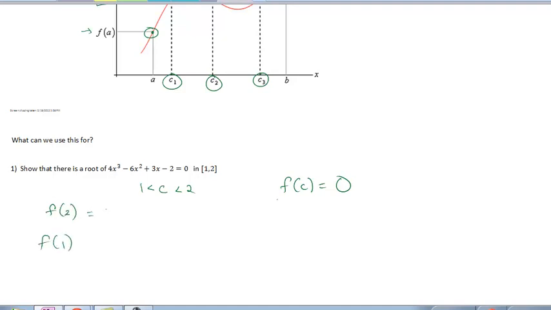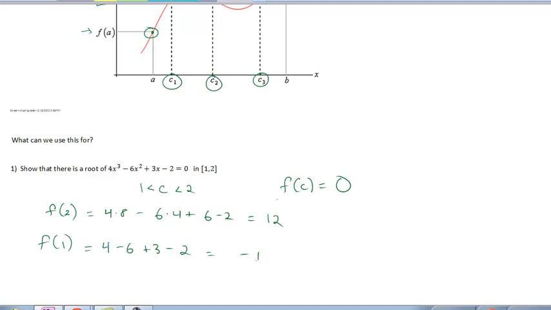So f of 2 is going to be 4 times 8 minus 6 times 4 plus 6 minus 2, which is 32 minus 24, which is 8, plus 16 minus... this is going to be 12. And f of 1 is going to be 4 minus 6 plus 3 minus 2, which is minus 1.